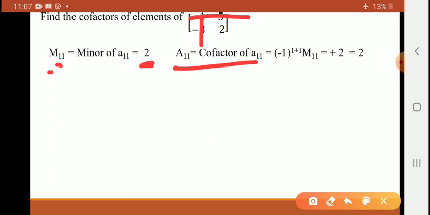Now cofactor of A11 is minus 1 raised to 1 plus 1 into M11. M11 is 2, and 1 plus 1 is 2, an even number. So minus 1 raised to even is plus. So cofactor of A11 is 2.